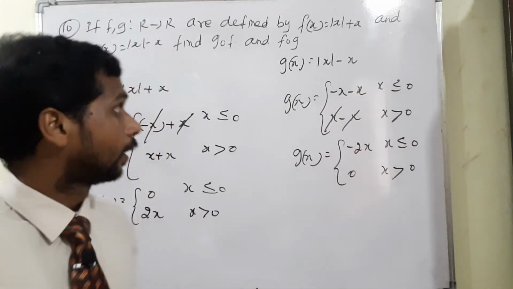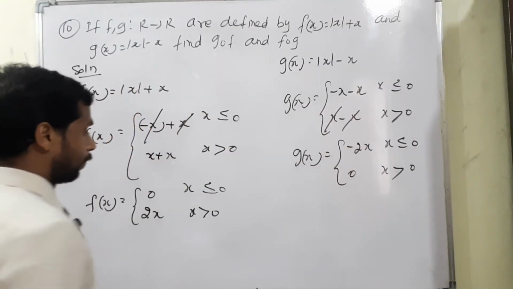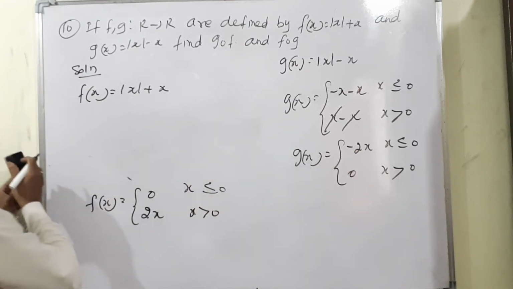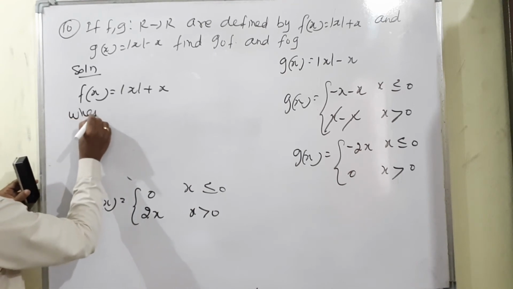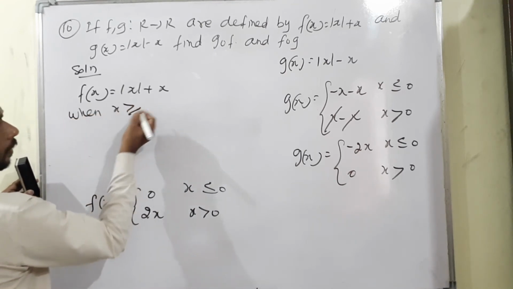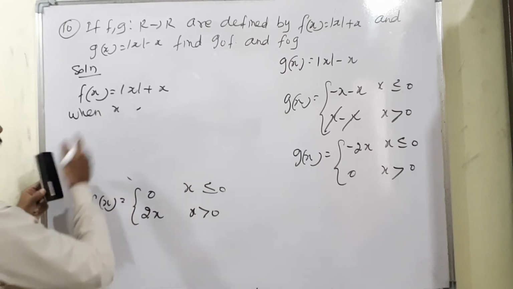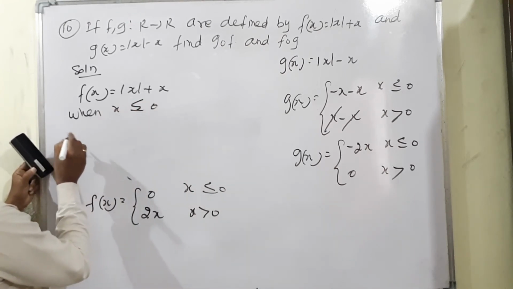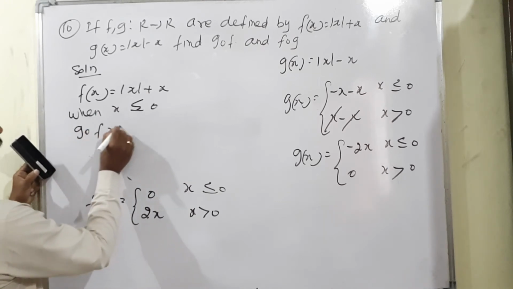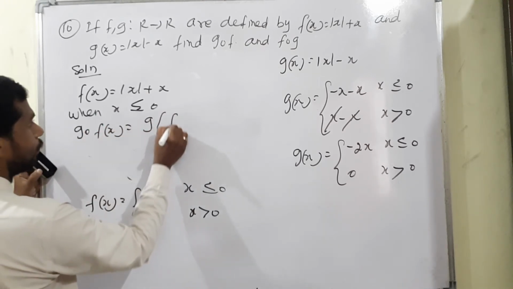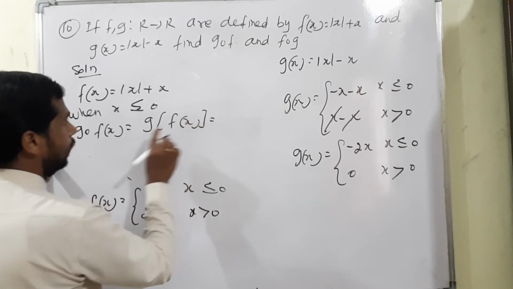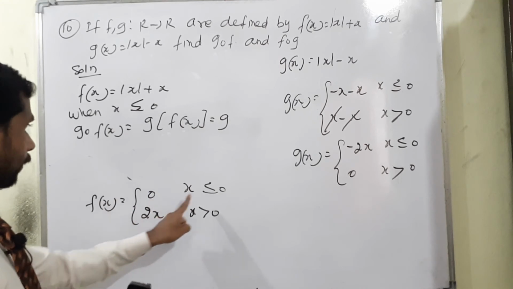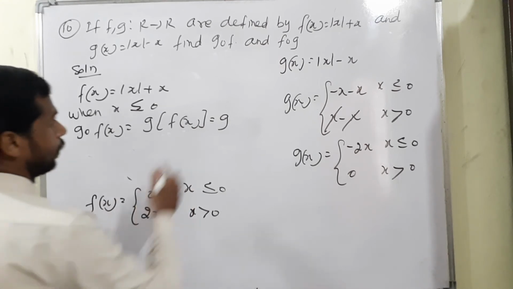Now the conditions. First one, g∘f(x), isn't it? When x is less than or equal to 0, g∘f(x) = g(f(x)). Again, f(x) for x less than or equal to 0 is 0 only.